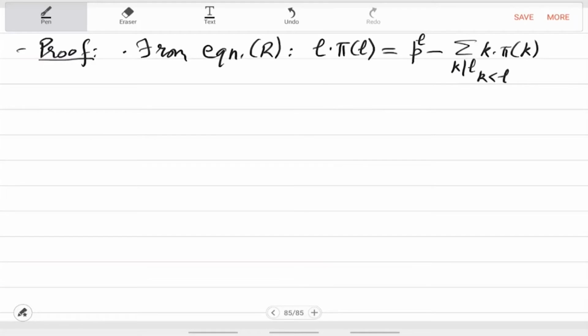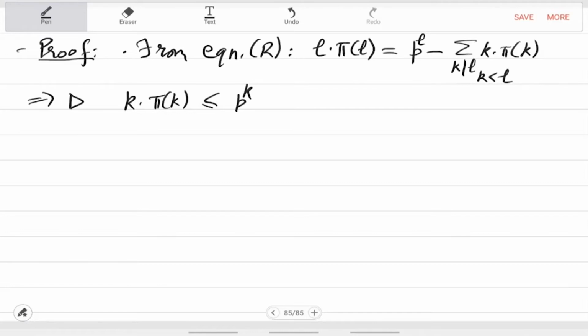So this is in particular implying that, first thing you observe is that K pi k is less than p raised to k. Just from the above expression, because L pi L is smaller than p raised to L, and this is true for all L. So we can observe that K times pi k is always smaller than p raised to k.